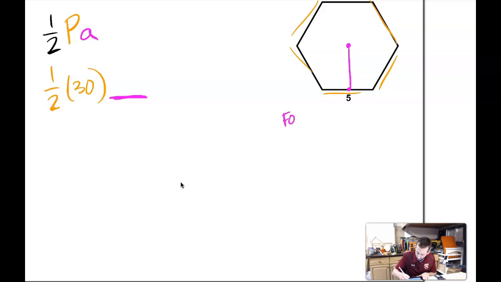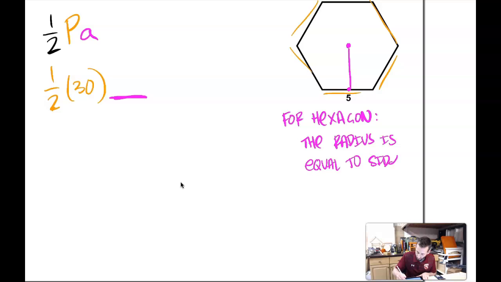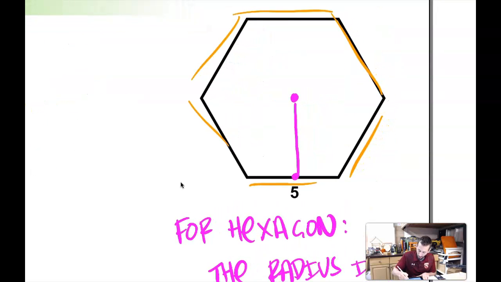So for hexagons, the radius is equal to the side lengths. For this shape, all the triangles that are made here are equilateral.